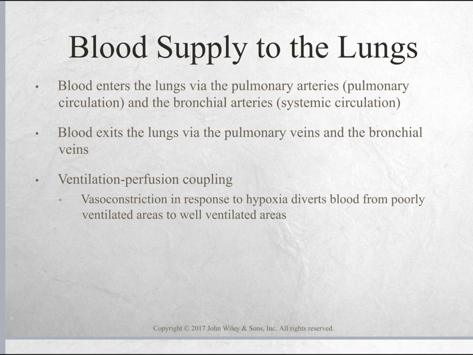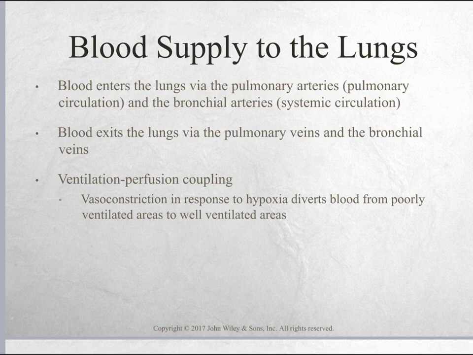Now, in order to understand what that is, we have to know the definitions. Ventilation is the amount of air that actually reaches the alveoli. When we talk about perfusion, we talk about the amount of blood that reaches the alveoli via the capillaries. Now, when we put that together, we get ventilation-perfusion coupling, which basically means that more blood flows past functional alveoli than past non-functional alveoli.